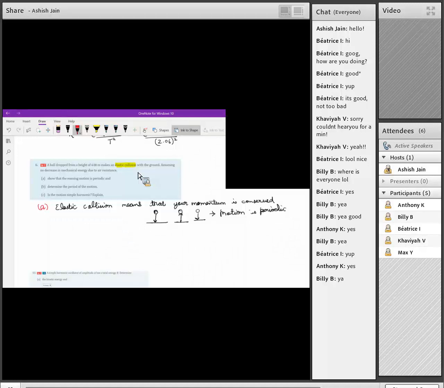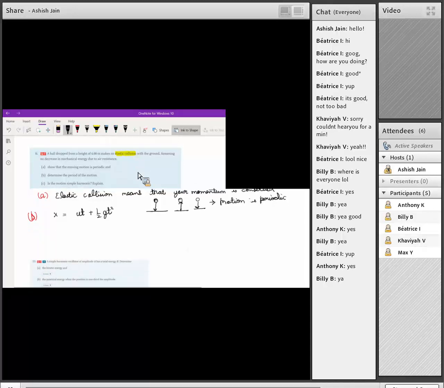B part, determine the period of the motion. Newton's second law tells us x is ut plus half g t square, right? If it starts from rest, that means u is 0.